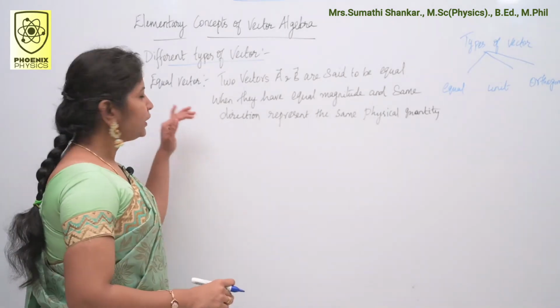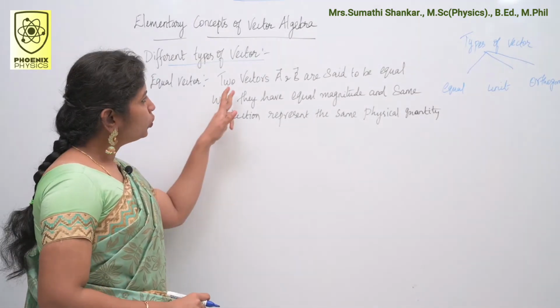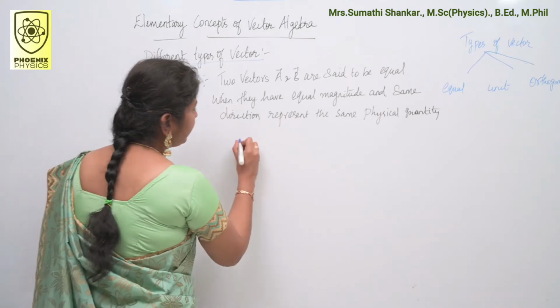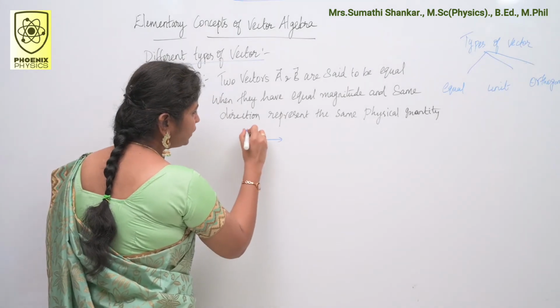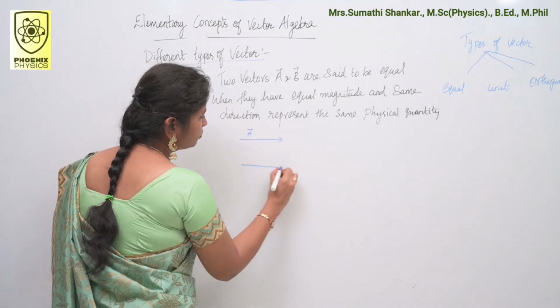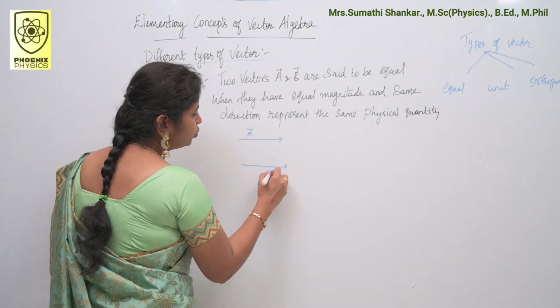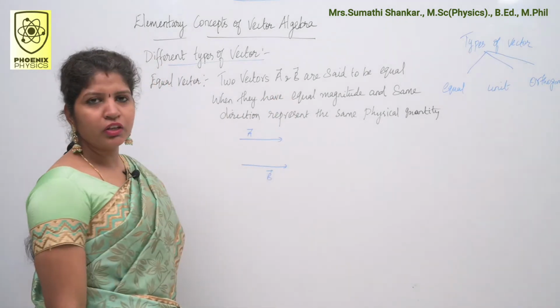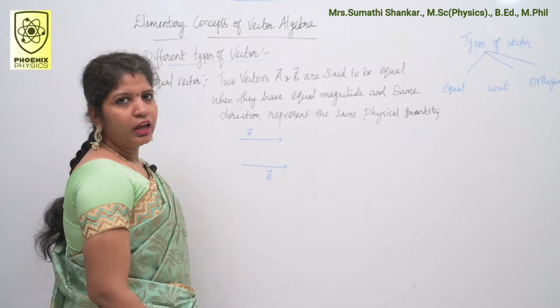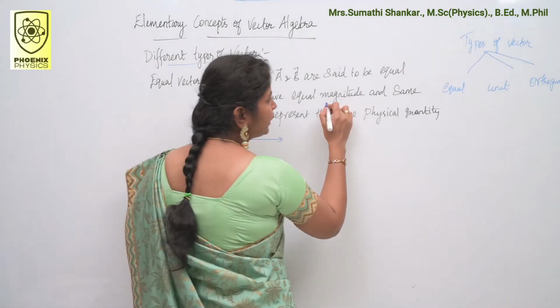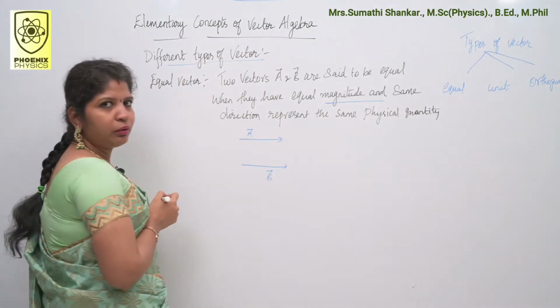First one is equal vector. Two vectors A and B, this is my A vector and this is my B vector. Two vectors A and B are said to be equal when they have equal magnitude and the same direction.